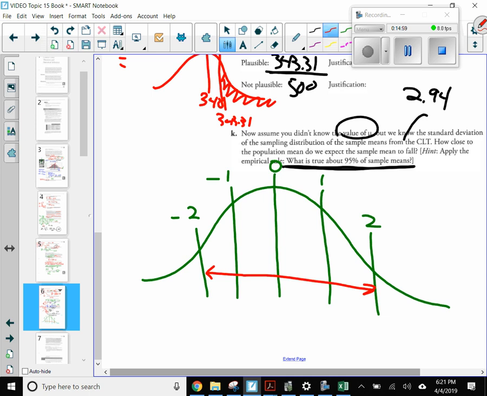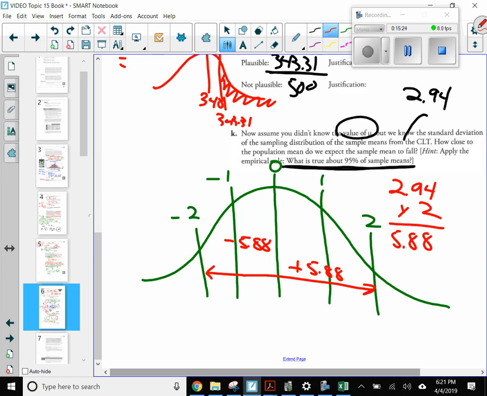So 2.94 times 2, what is that? 5.88. So I can be plus $5.88, or I can be minus $5.88.